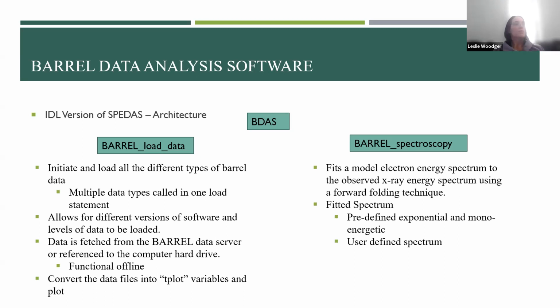So you can provide this spectroscopy code an electron spectrum, and it will convert it to X-rays, fit it to the Barrel observation, and then provide back the best fit model electron energy spectrum that would produce the X-rays that best fit the Barrel observations. The package comes with 2 predefined fitting distributions, an exponential and a monoenergetic, but you can also fit whatever energy spectrum you want. So there's a user-defined spectrum that can be used with the software as well.